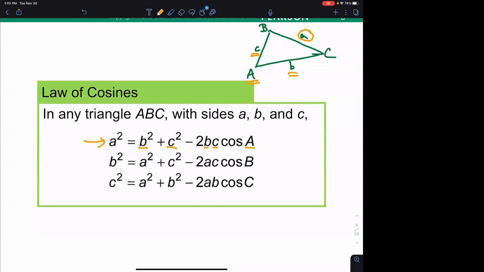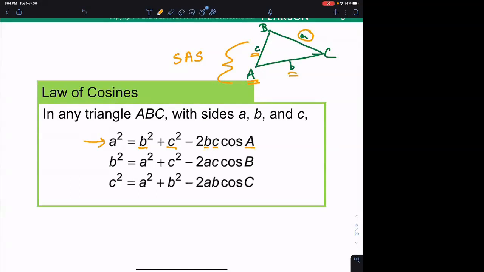And notice that if you have these three, what you have is side, angle, side. Angle A is between side C and side B. So if you're given side, angle, side, you have two of the sides and the angle between them, then you can get the side opposite that angle, which will be the side that you don't know.